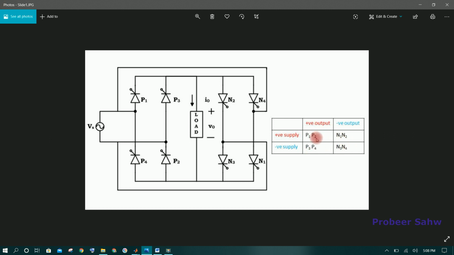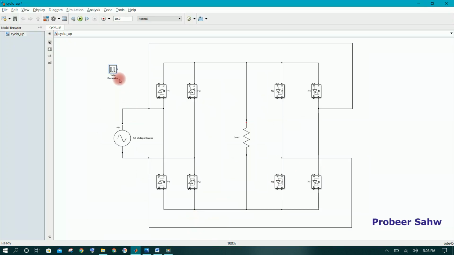So single pulse generator will feed P1 and P2. Another pulse generator will feed both N1 and N2. Another pulse generator is required for P3 and P4, and last one for N3 and N4. So in total we require 4 pulse generators. So this pulse generator, I am renaming this to pulse generator P1 and 2.